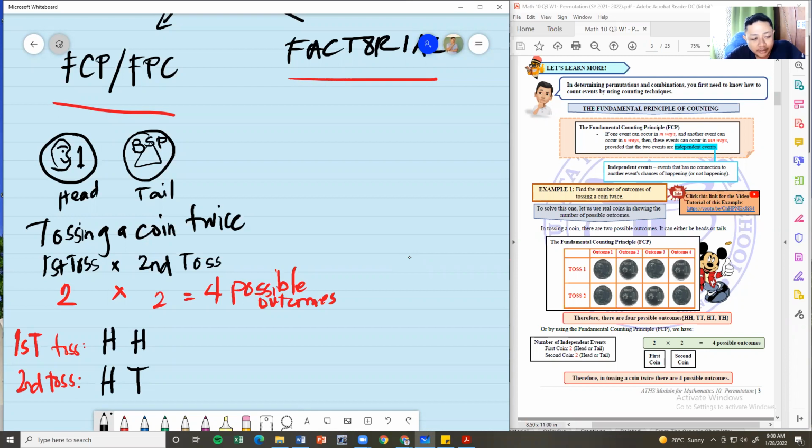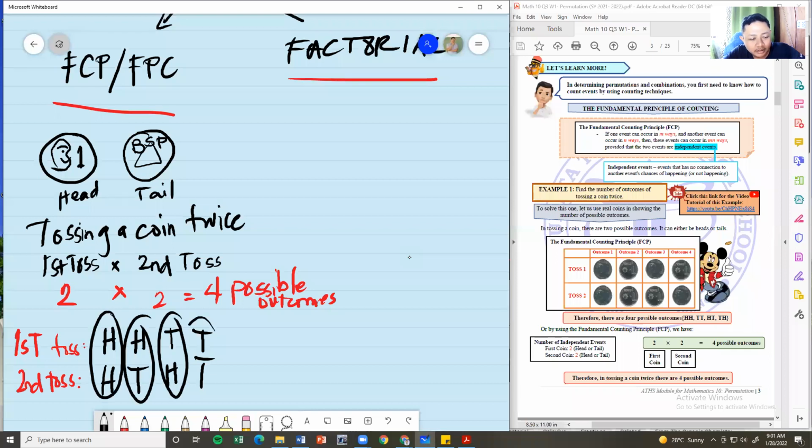Another possible outcome is head on the first toss and tail on the second toss. Another possible outcome is a tail in the first toss and a head on the second toss. And then there's a possible outcome where in the first toss you have a tail, and on the second toss you have a tail. Are there other combinations that can come out given this? None. That's all. So there are 4 possible outcomes: 1, 2, 3, 4.